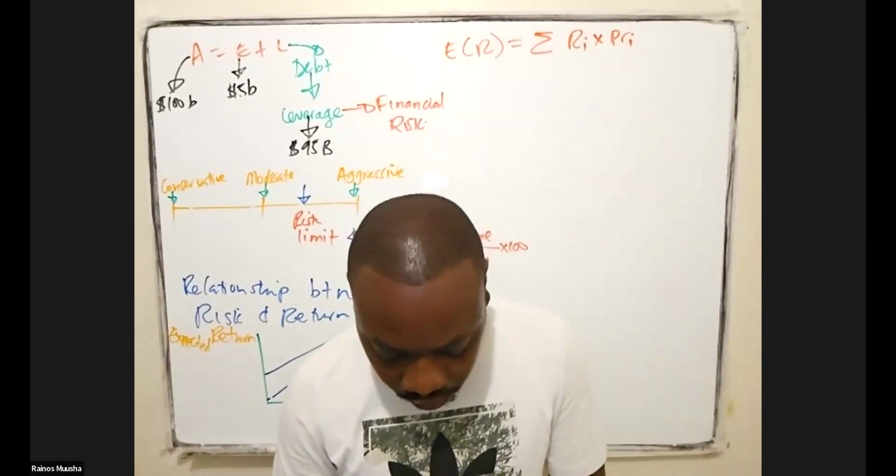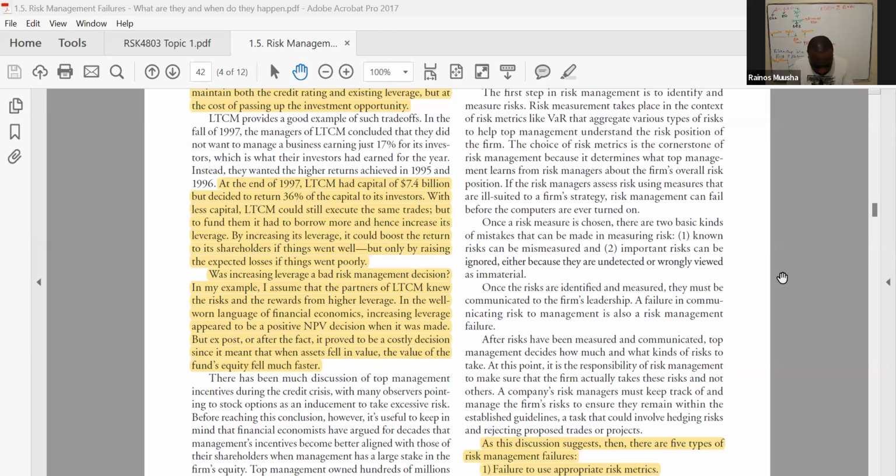But now, what do we see? With less capital, LTCM could still execute the same trades, but to fund them, it had to borrow more and hence increase its leverage. By increasing its leverage, it could boost the return to its shareholders, which in this case is the return on equity, as I've demonstrated.